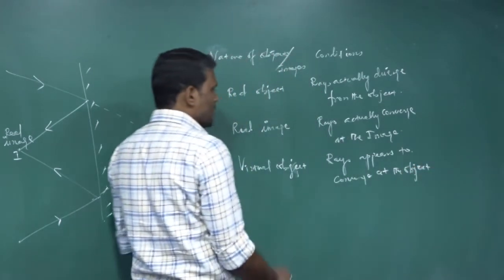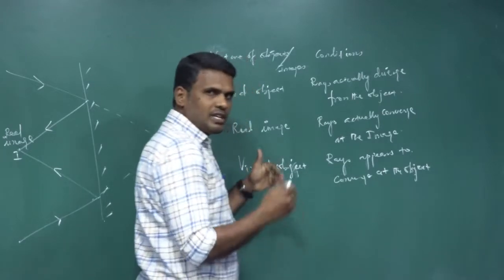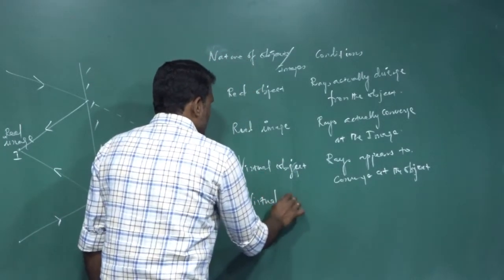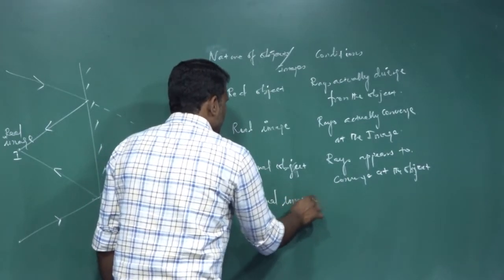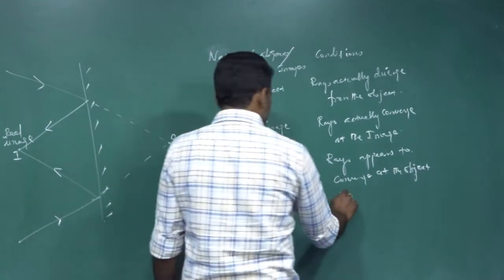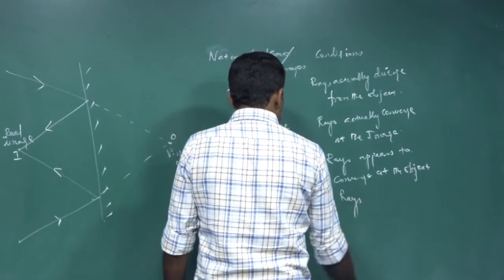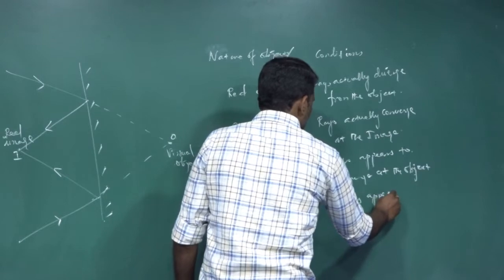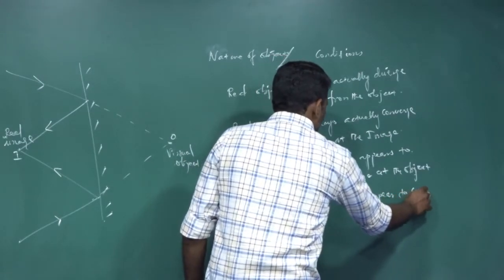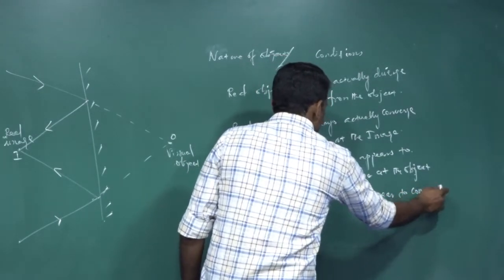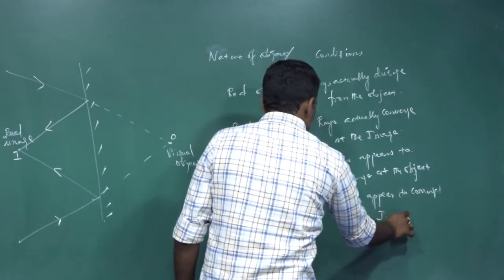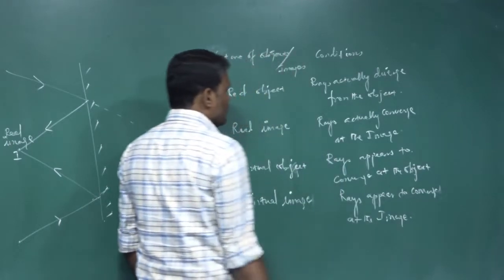You can check out the diagram. Then for a virtual image, the rays appear to converge at the image.